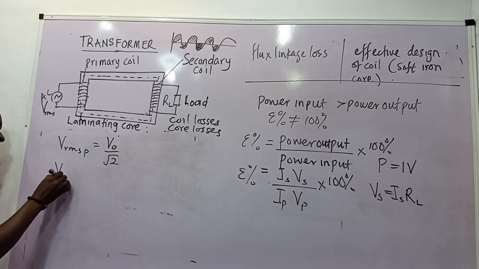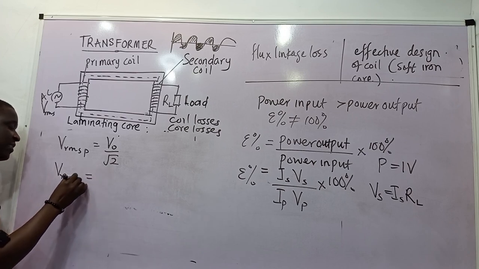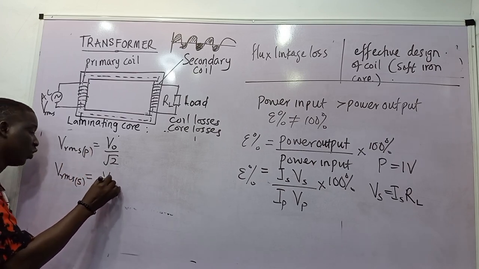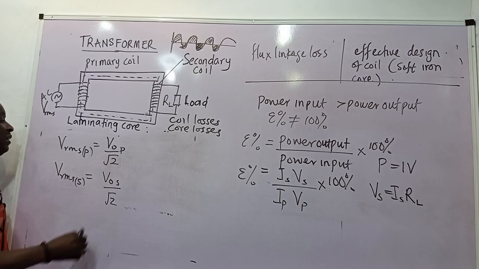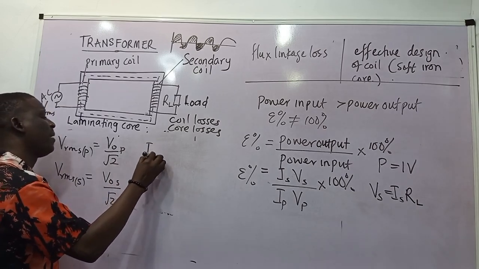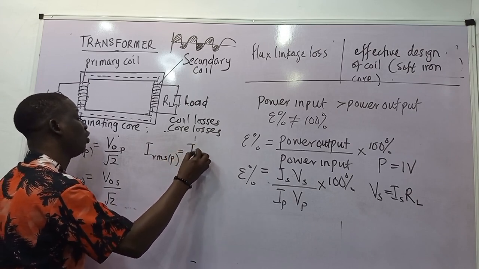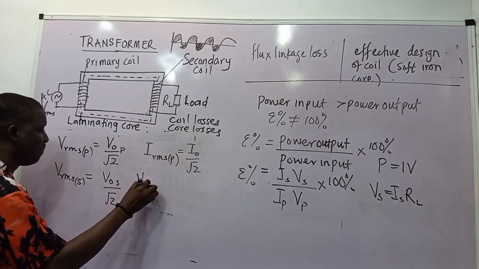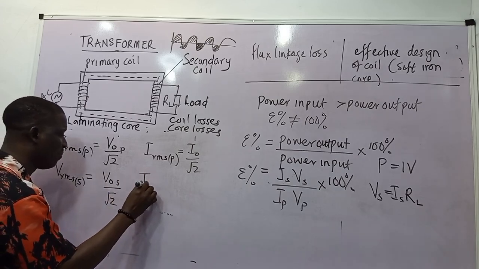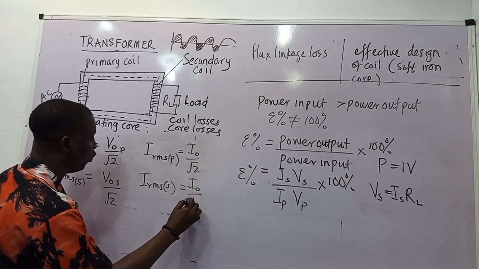We can also say VRMS of the secondary is equal to V naught of the secondary divided by root 2. Similarly, IRMS of the primary is equal to I naught over root 2, while IRMS of the secondary is also equal to I naught over root 2.